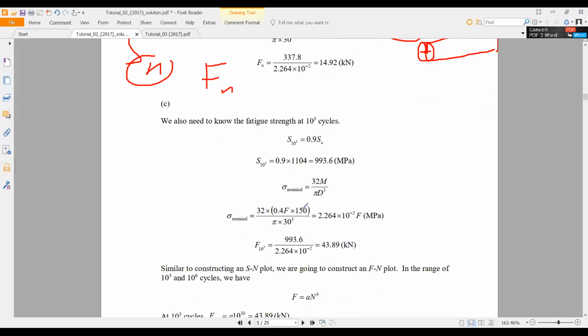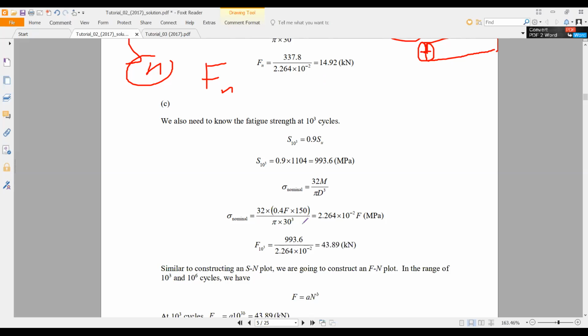Because the bending moment equation is not changed, and the other things are not changed. Dimensions are also constant. Only the strength changes. So that's why the load will be changed. So the 10 to the power 3 cycle allowable load is much higher than here. You can see, because it will not damage too much. That's the meaning of that.